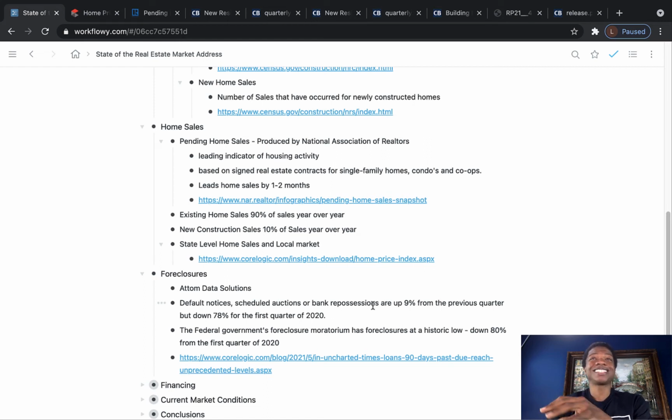However, that is still down 78% from the first quarter of 2020. And so we can see that foreclosures are at an all-time low right now. The federal government's foreclosure moratorium has foreclosures at a historic low, down about 80% from the first quarter of 2020.